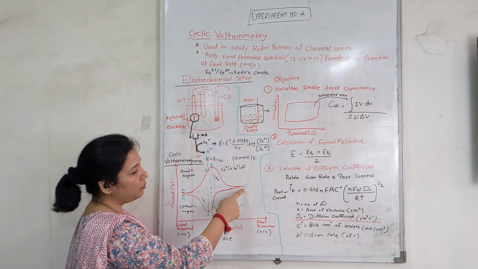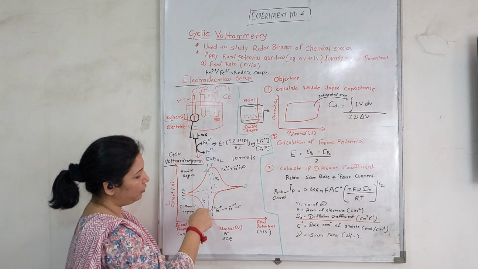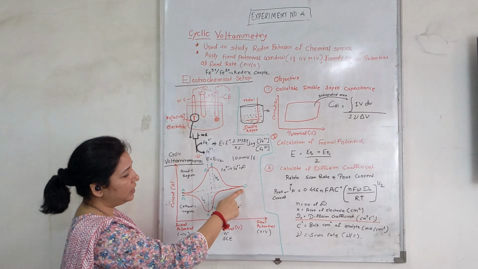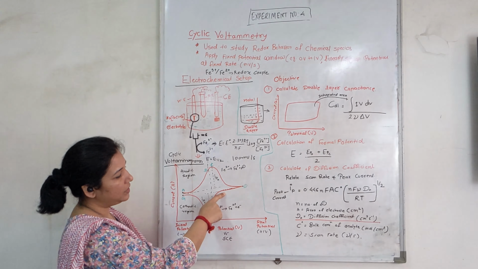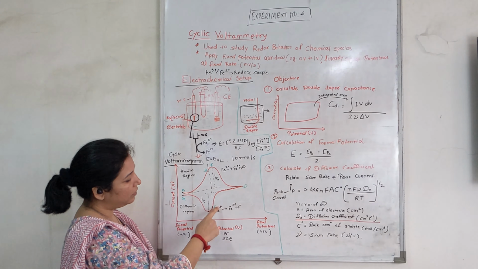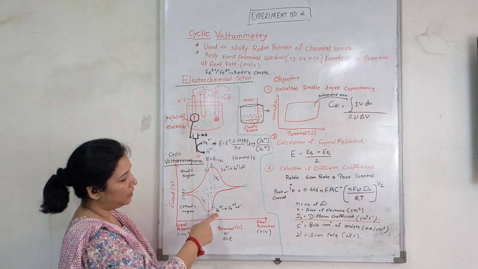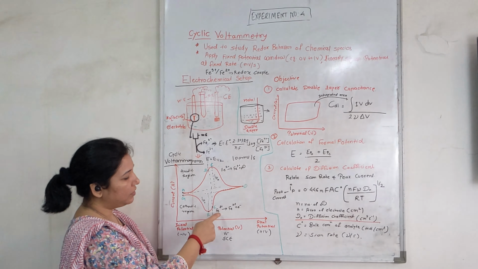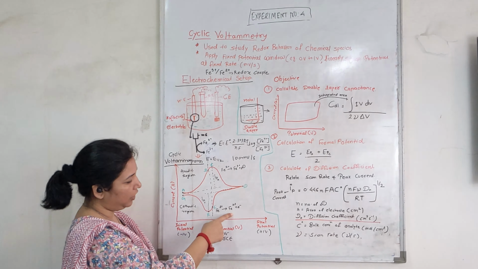Now when you reach point D, we sweep the potential back towards -1. Here also you can see that initially the region is linear, which is because of the double layer. Then as you go toward more negative potential, Fe3+ is converting into Fe2+, and at point E the concentrations of Fe3+ and Fe2+ are equal.